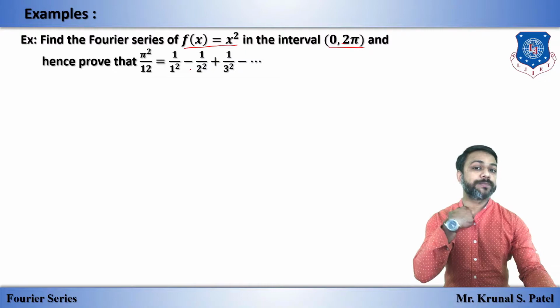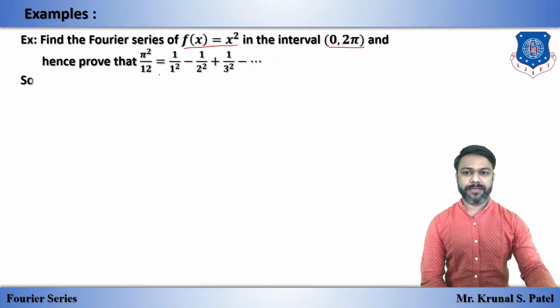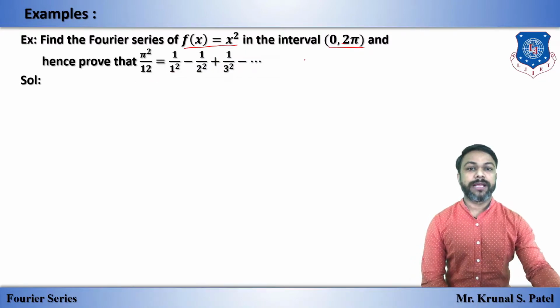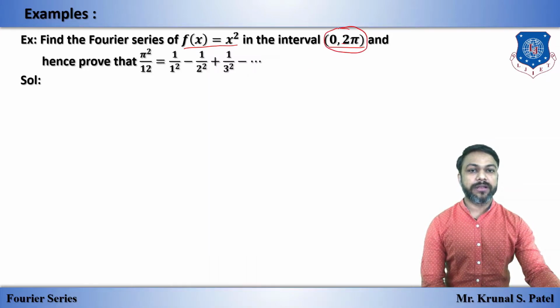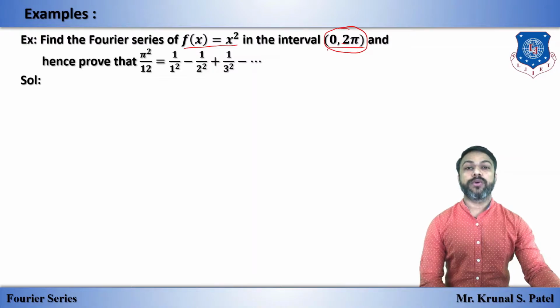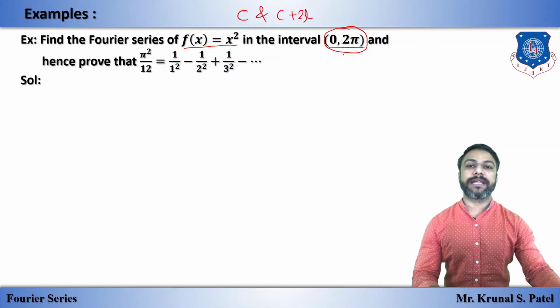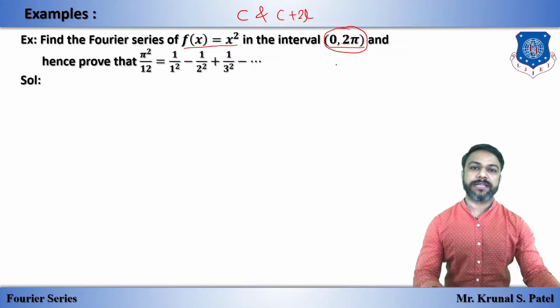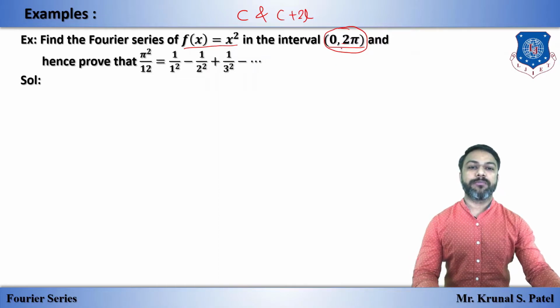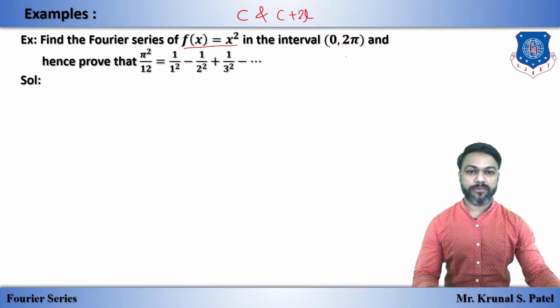Before starting the solution, as I told, we will compare the given interval with our original formula's interval, that means with c and c plus 2l. Before starting any example of Fourier series, always compare the given interval with c and c plus 2l.